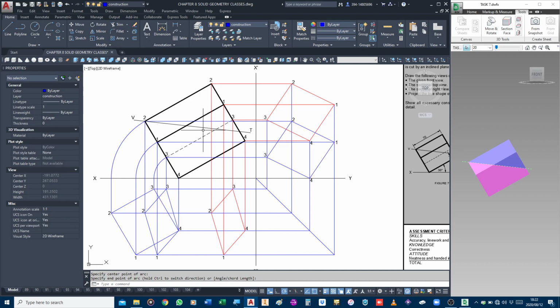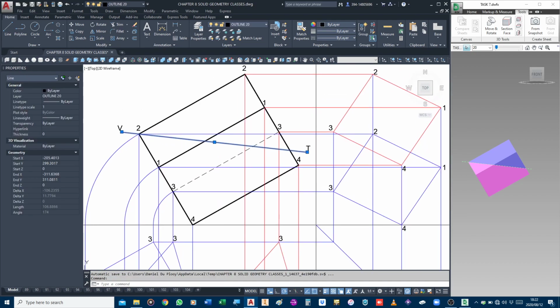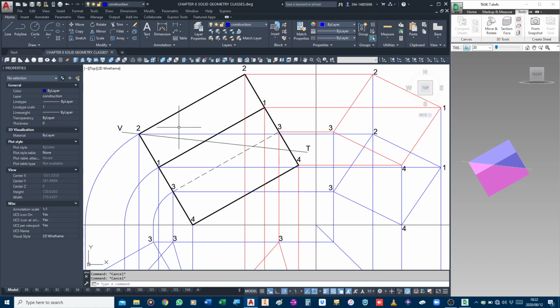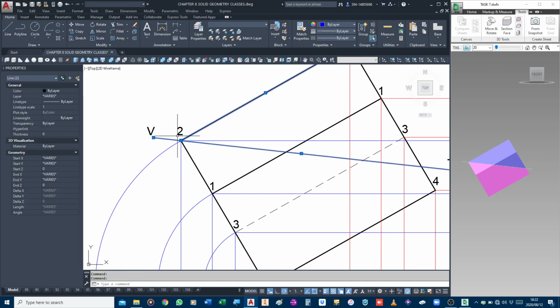If we then look at what's happening, the cutting plane goes through the solid here, and I now need to find out how many points I will have on these different lines where the cutting plane goes through. If I start with corner 2 first, I will only have 1 point, because that is one line which is cut by the cutting plane.